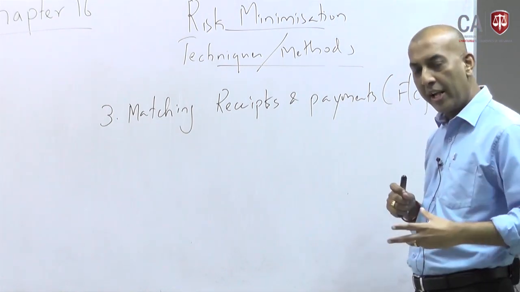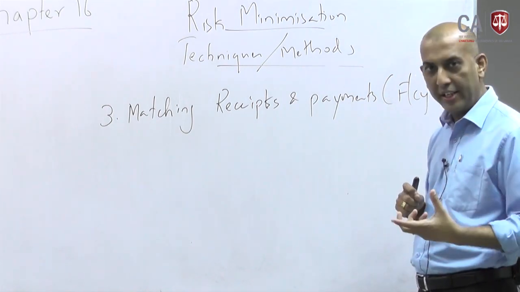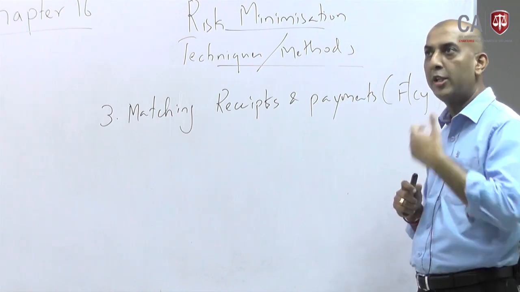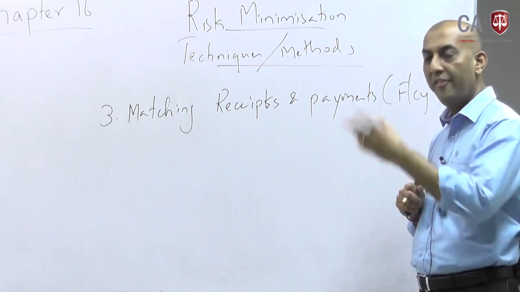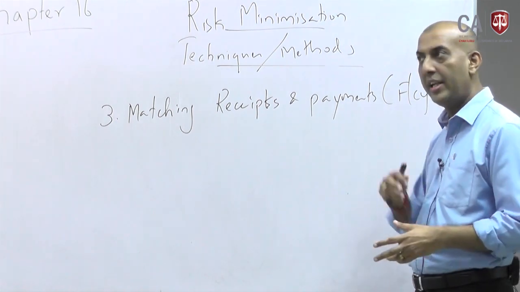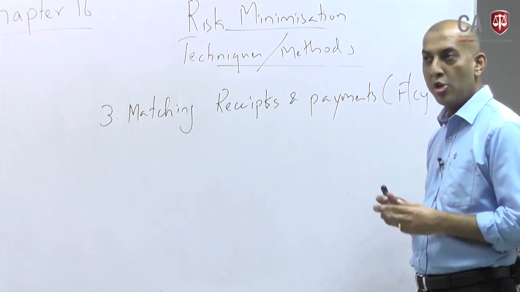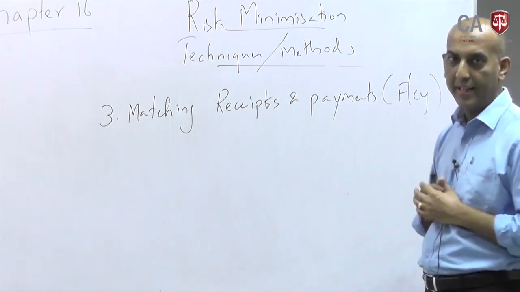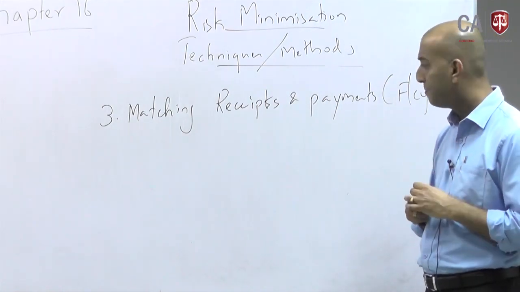So you are importing raw material in foreign currency and manufacturing and exporting to another foreign country, where it's again a foreign currency transaction. So your import is in foreign currency, export is in foreign currency, so you have exchange rate risk in both transactions. So what are you going to do?